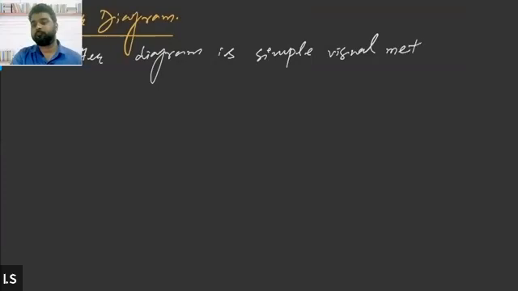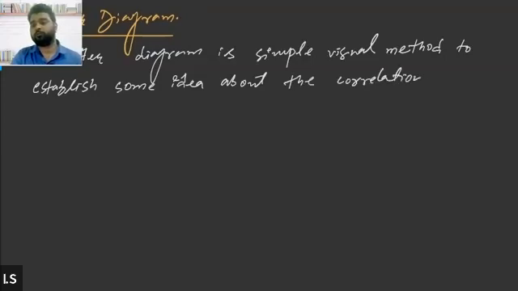A scatter diagram is a simple visual method to establish some idea about the correlation between two variables.